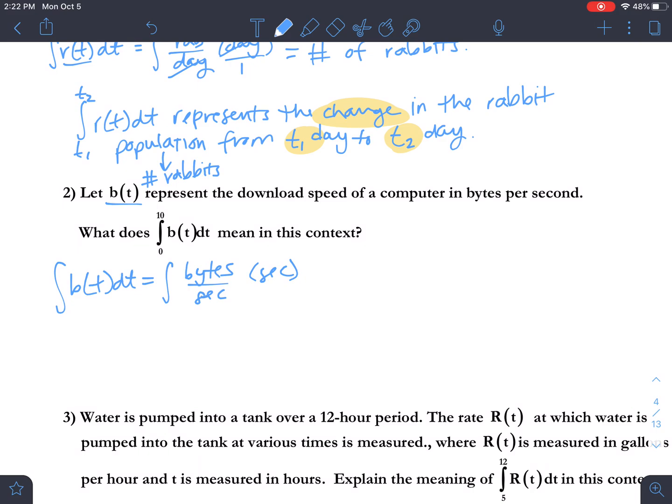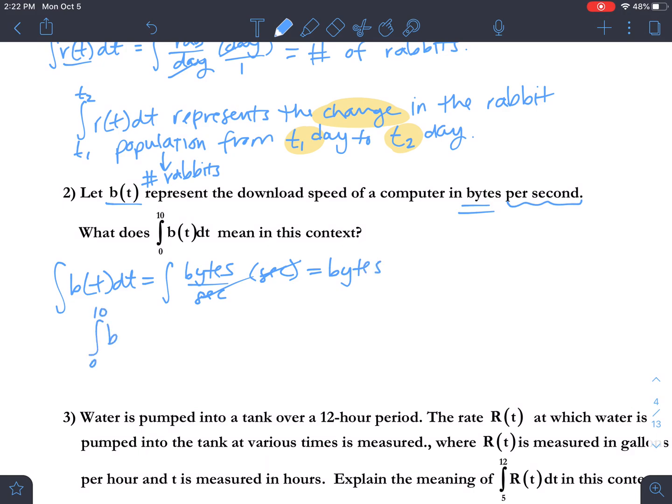Well, the seconds cancel out here. Again, it's almost like you get rid of the per second or per hour or per day. We're going backwards one step here. In general, I'm just talking about the number of bytes from 0 to 10. So it's going to represent the change in the number of bytes.